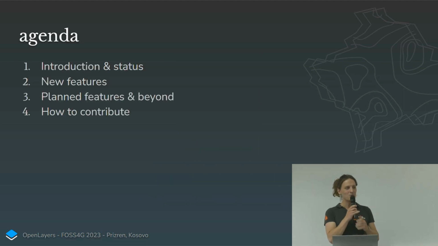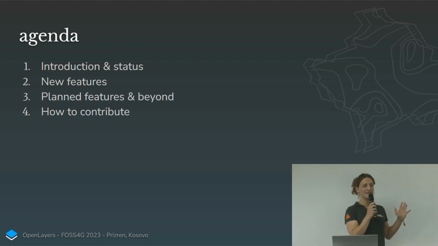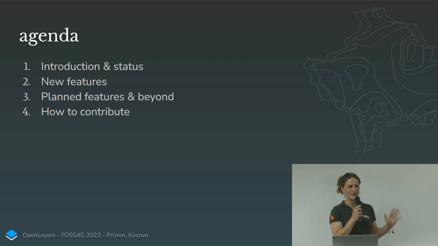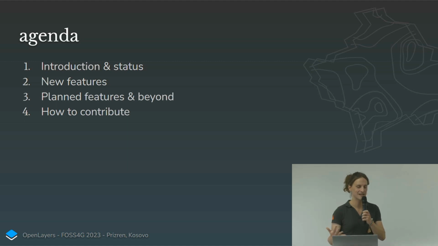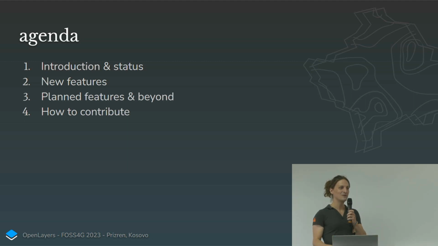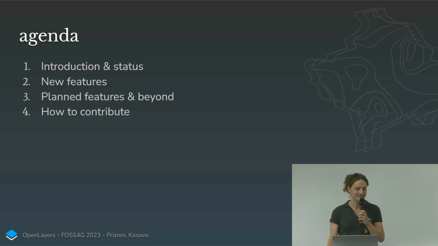Right, so how it's going to work is first I'm going to do a quick introduction. I'm assuming that most people here know what OpenLayers is and what it's about, generally, so I'm not going to spend too much time on it, and then give you a general status of the project. And again, not too much time. Then we're going to talk about the new features that happened in the last year.